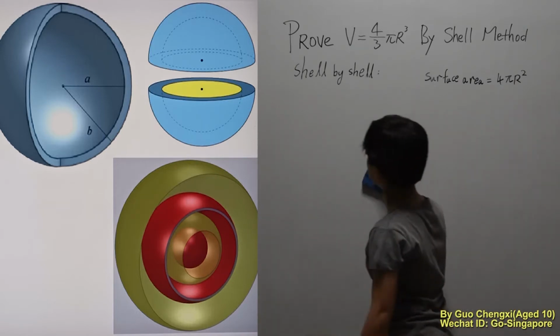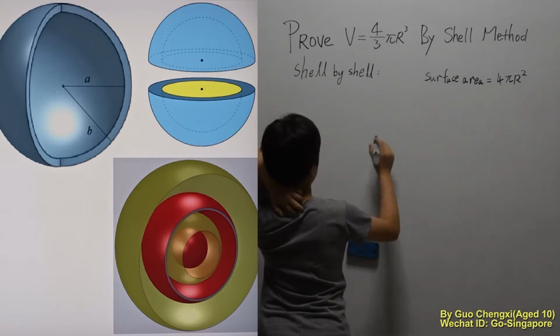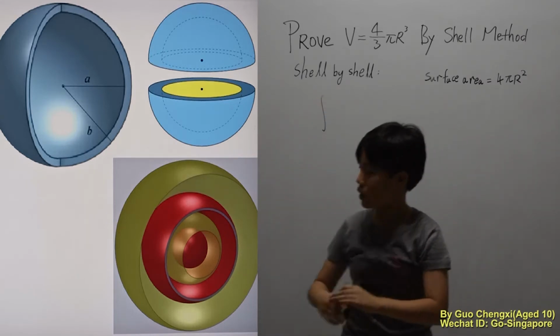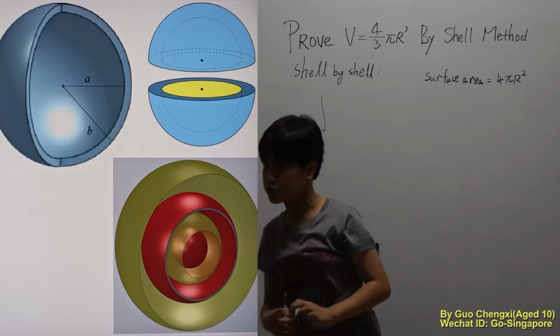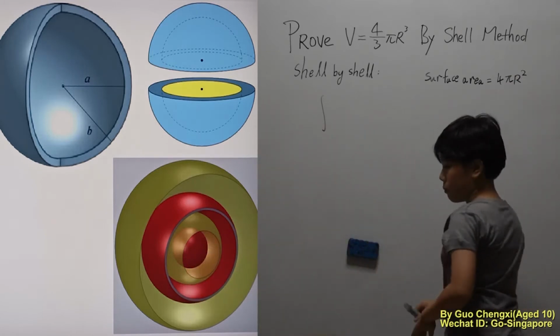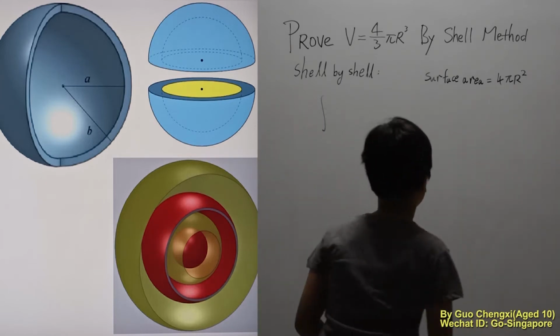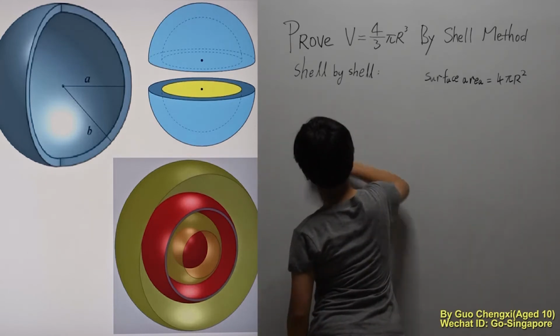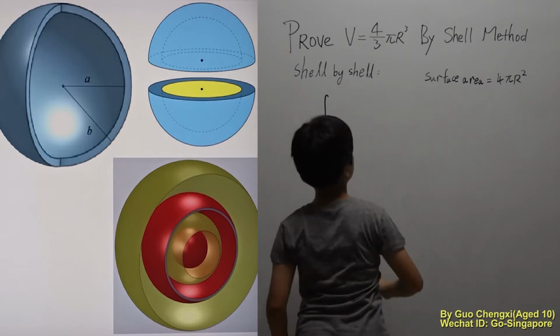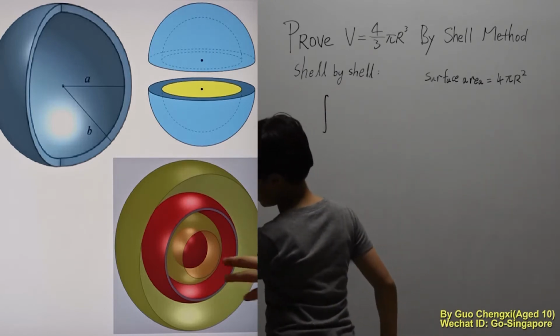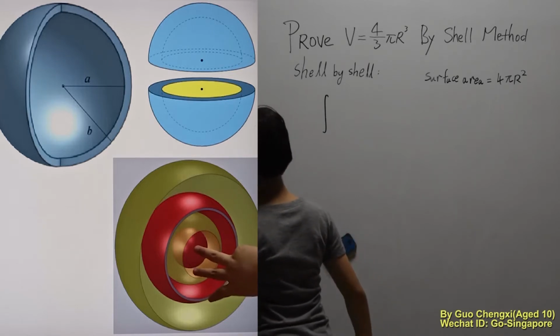Okay, each shell. Then for this part over here, as you keep on going inside until the middle of this part, so for this part it will be from the most outside over here. So what's this radius?